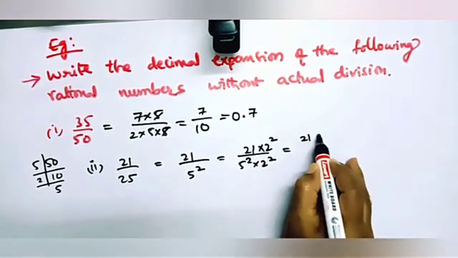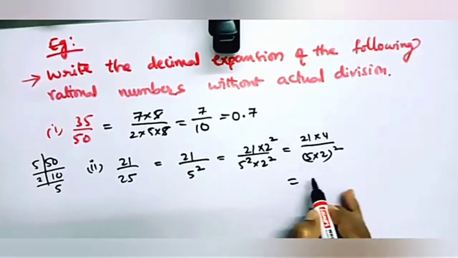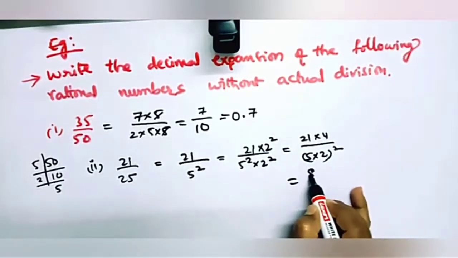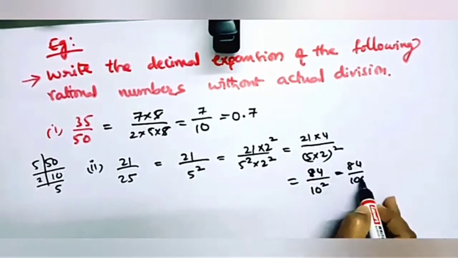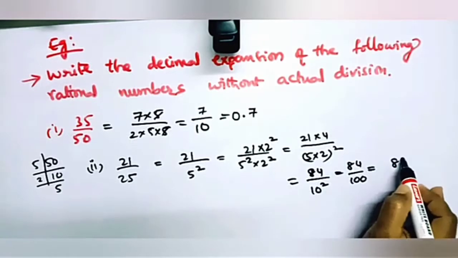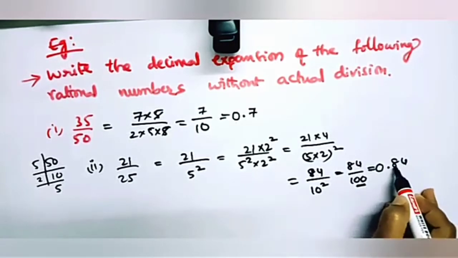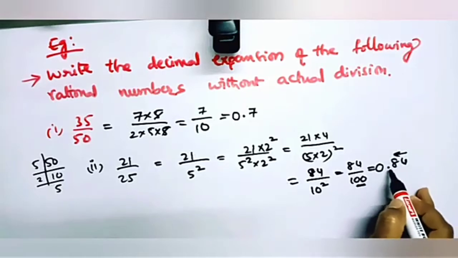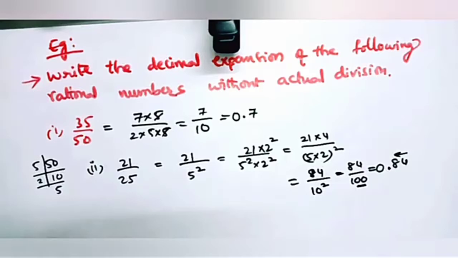That you should write as 21 into 4 by 5 into 2 whole square. That is equal to 21 4s are 84 by 10 square, that is equal to 84 by 100. Then you will get 84.0. Here 2 zeros are there, so you should move the point 2 digits, 1, 2, then keep the point. There are no digits, so you can keep 0, that is 0.84.